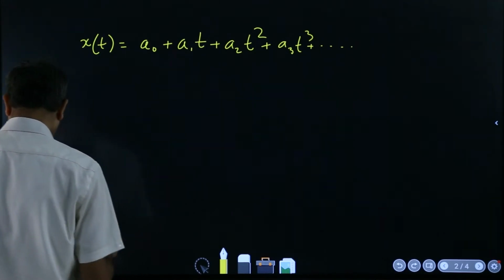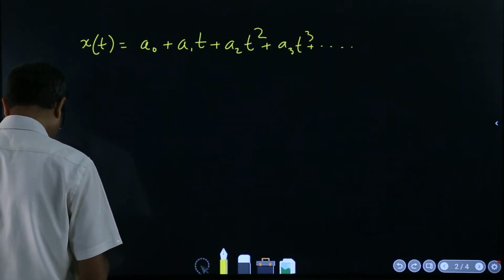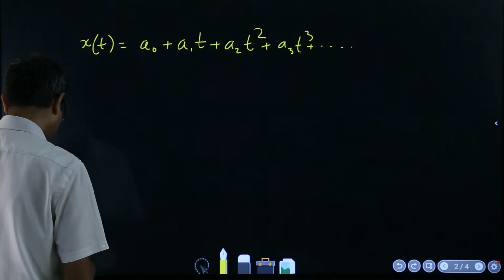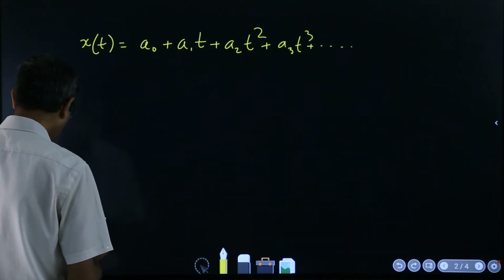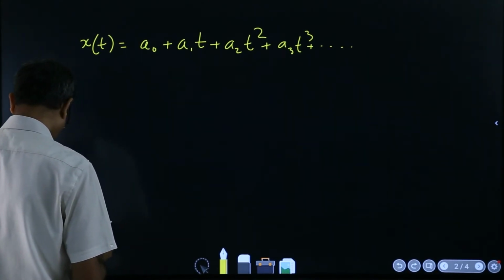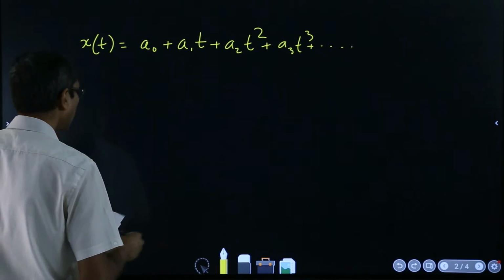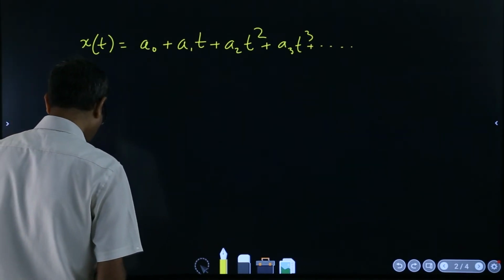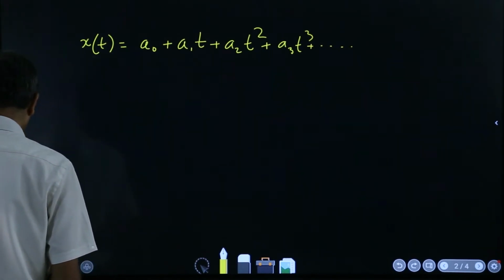So if you substitute, in fact you will get these terms. I'll write them.